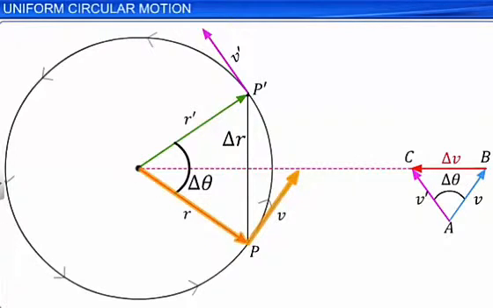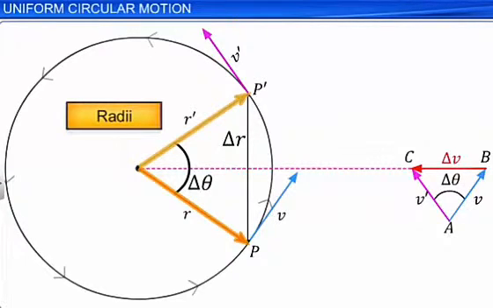V and R, as well as V' and R' are perpendicular to each other as V and V' are tangential to the circle, and R and R' are the radii of the circle.